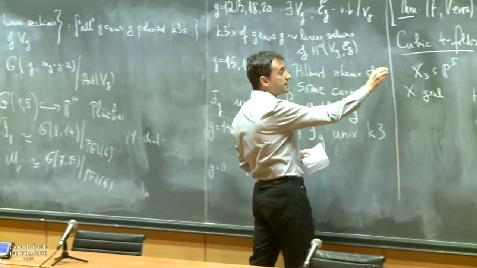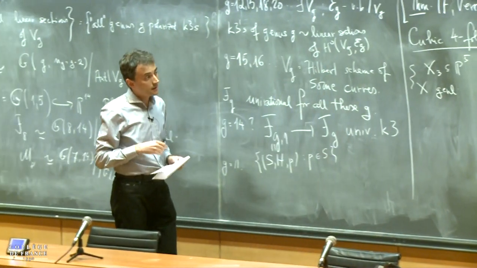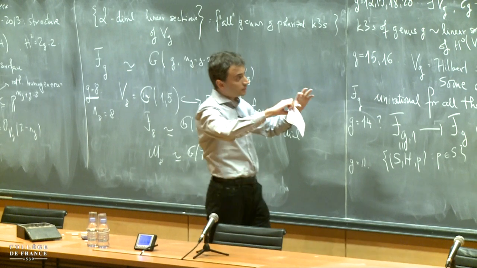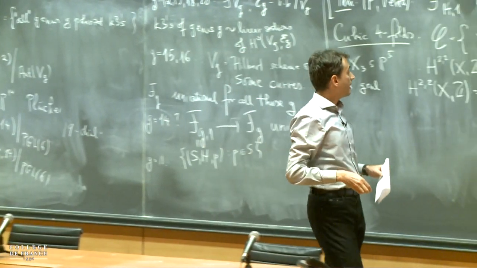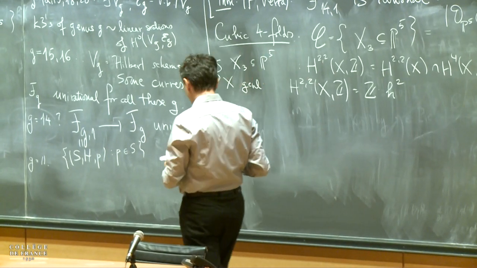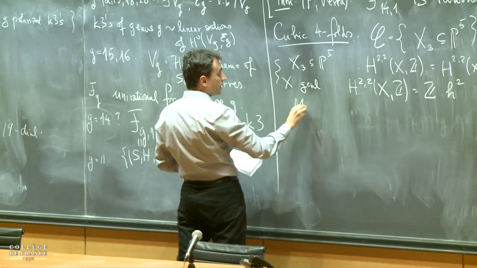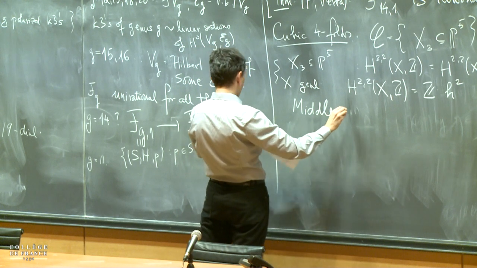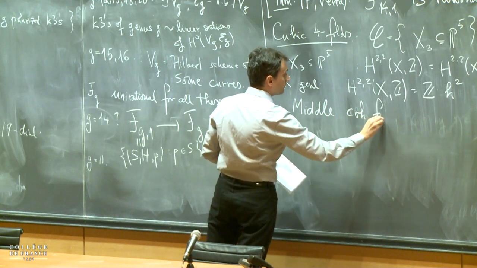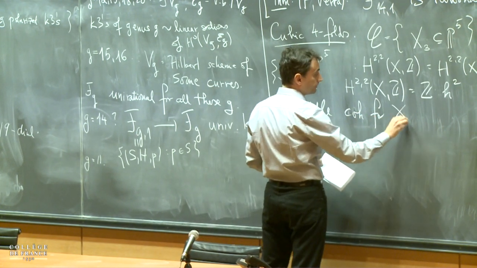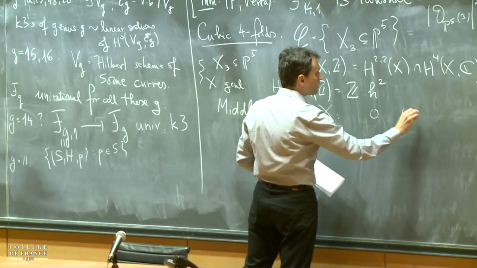But the point here is that if you look at the middle part of the Hodge diamond for a cubic fourfold, you will recover this part, the middle cohomology for X. It looks something like this.